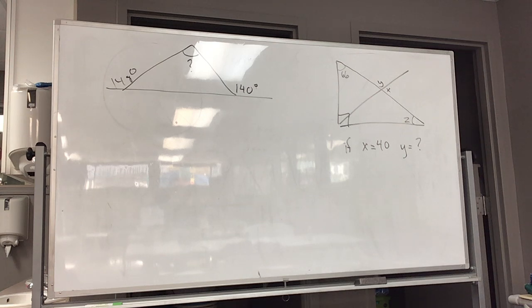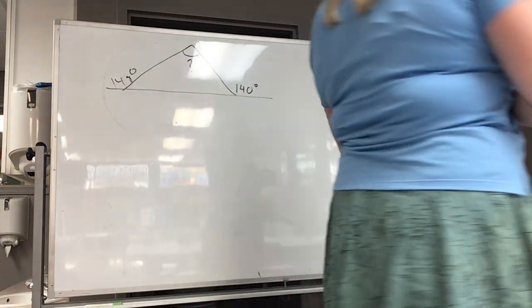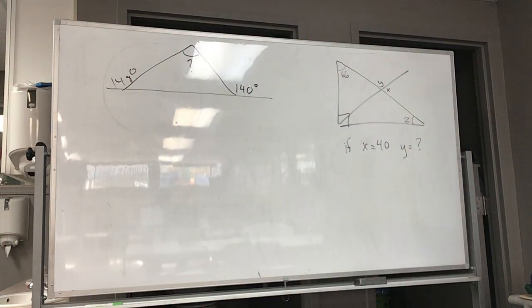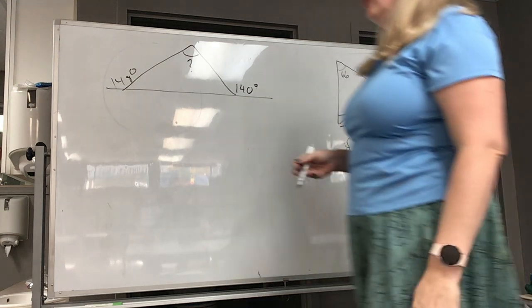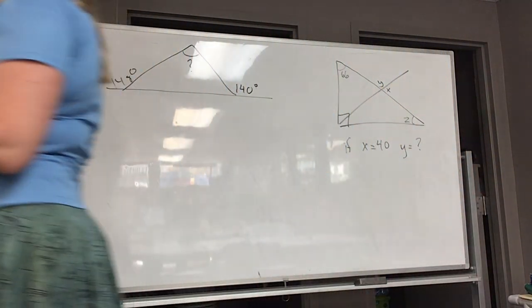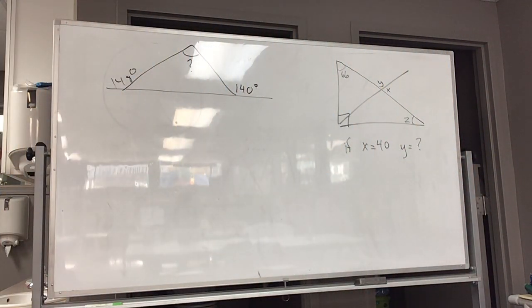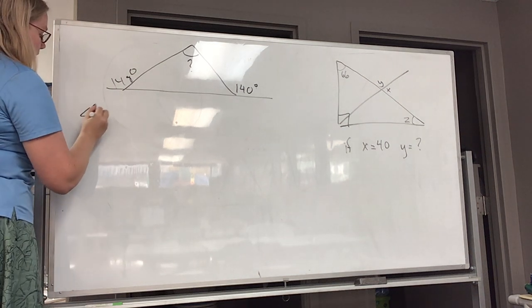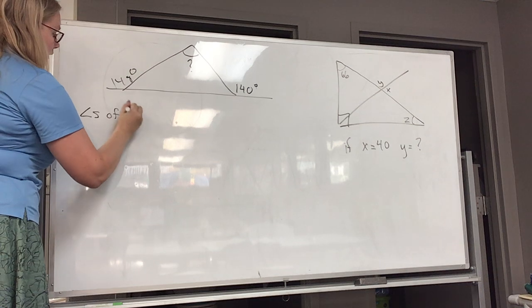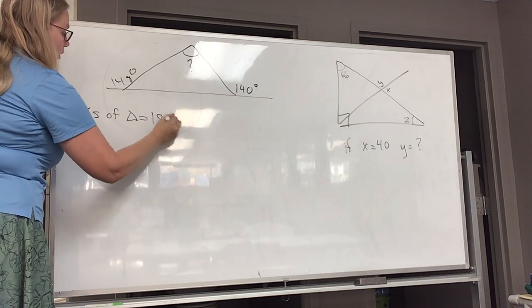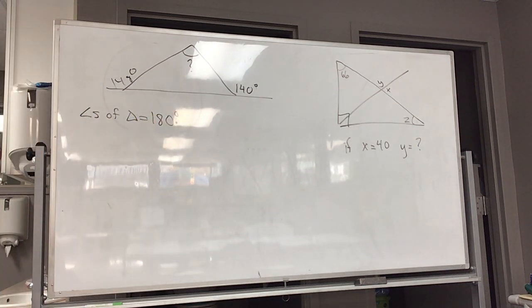I apologize. I realized I meant to talk about this one back when we were in parallel lines, but I got distracted. So, the one other really useful piece of information is that just like the linear pair adds up to 180, the straight line, the angles of a triangle also equal 180 degrees.